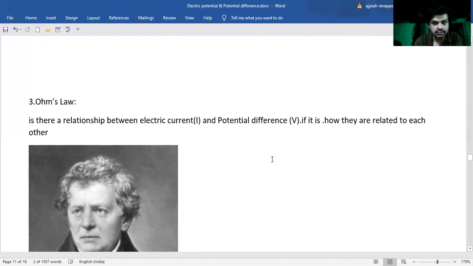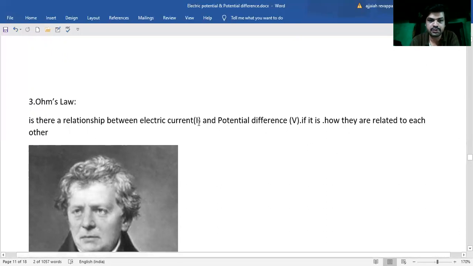So if they have a relationship, what kind of relationship is it? How are they related? You know, in physics, there are two types of relationship: one quantity is directly proportional to another quantity, or one quantity is inversely proportional to another.